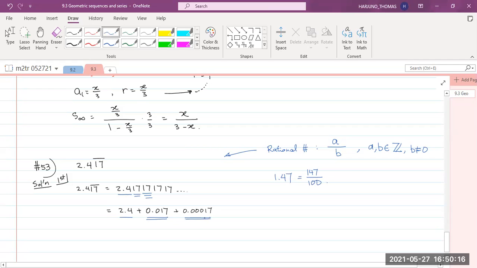And so on and so forth. Now, if you take a look here, this is actually a geometric series with the first term equal to 0.017 and the common ratio 0.01. See, you multiply by 0.01.